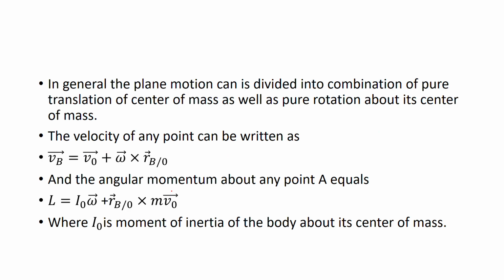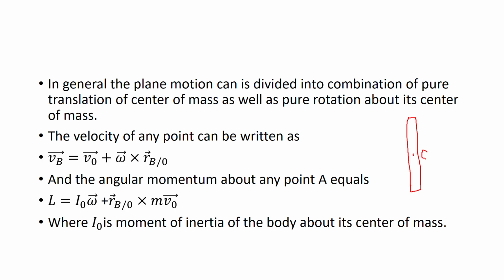Now, in general, the plane motion, which we have discussed just now, can be divided into a combination of pure translation of the center of mass as well as pure rotation about its center of mass. I will mainly stick to this rod problem, and suppose this is our rod in general plane motion, and this is the center of the rod.